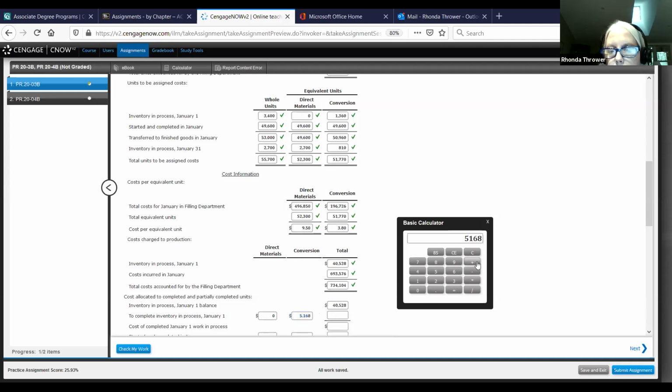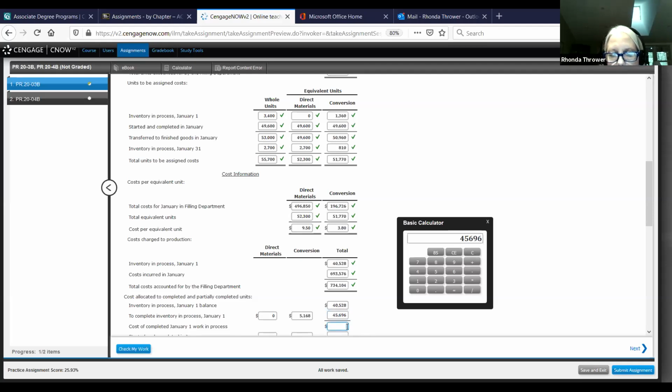So I'm going to combine that with the 40,528, and that will give me a total of 45,696. And that's your total beginning inventory cost. So last month it was this. We had to add this to it to finish it this month. And this is the total cost of the beginning inventory.